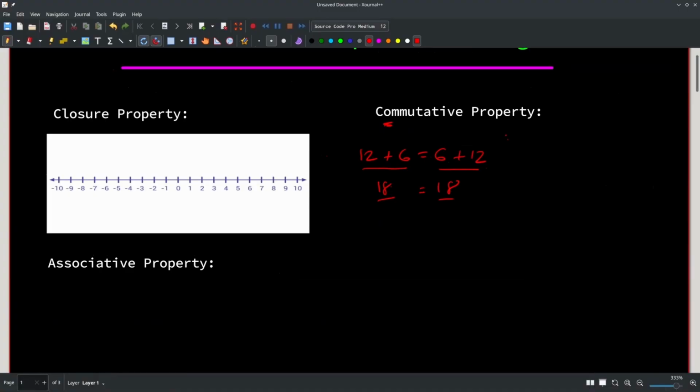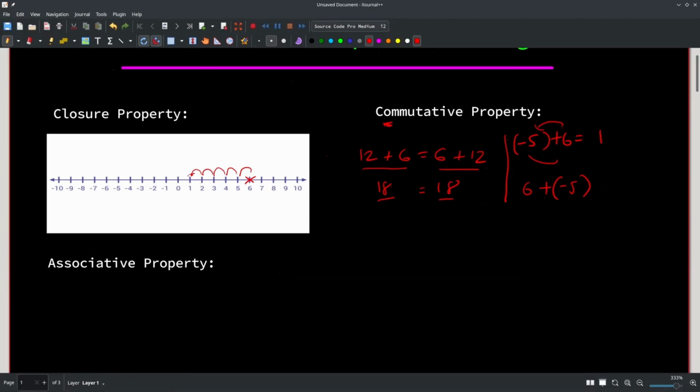We can do this with any other negative or positive number. Let's say -5 plus 6 is going to get you 1. Let's do a switcheroo here and see if we get a similar answer. It's going to be 6 plus -5, which means from 6, since it's -5, you're going to go back 5 positions: 1, 2, 3, 4, and 5.